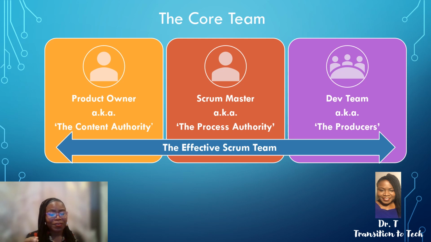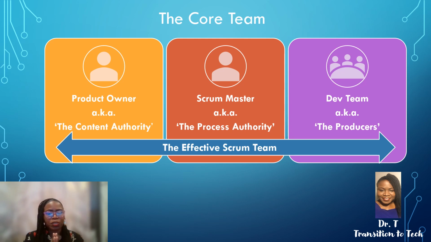The Scrum Master is the process authority. The Scrum Master is working to ensure that all of the Scrum activities are being facilitated and that the right individuals are participating. And the Scrum Master is responsible for the Scrum lifecycle. And as we talked about before, ensuring that all the risks are addressed and mitigated in order to keep the team moving forward.